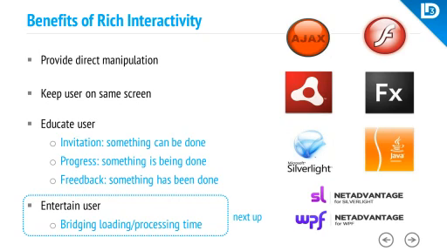Why? Because we can help bridge processing times and loading times that drive people normally crazy. Five years ago, there was still this rule out there, it probably still is, that if something takes more than an immediate feedback, you want to show this hourglass.